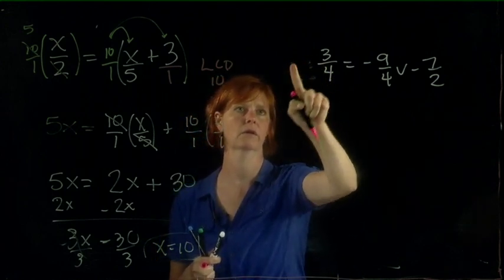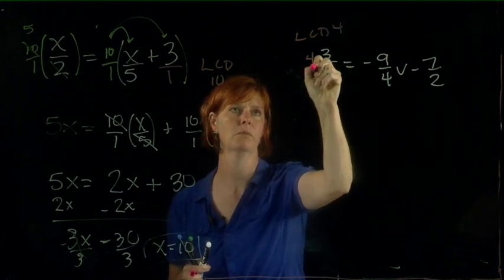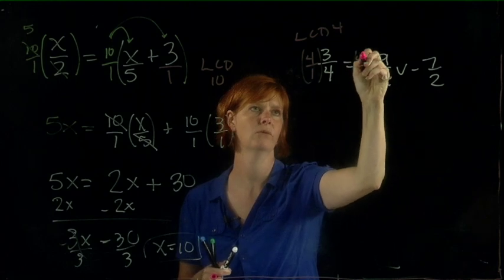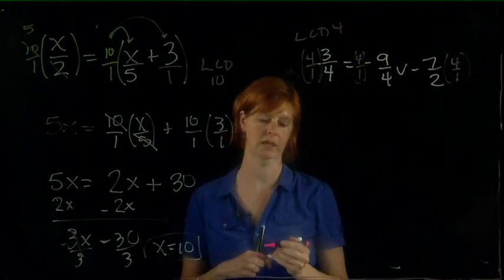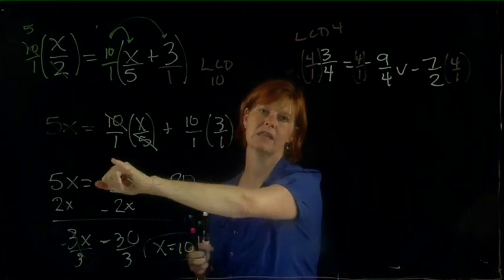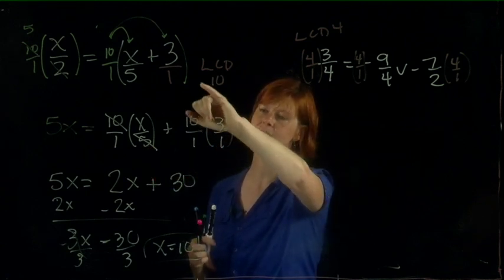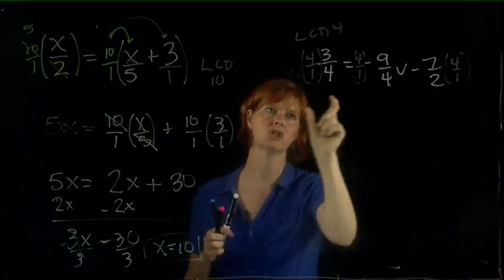LCD 4. I'm going to multiply the left and the right, but really it is just every term. Now, what I've done on this one is I skipped showing this step because I think conceptually it's there, but I really want you to see that you just multiply each term.